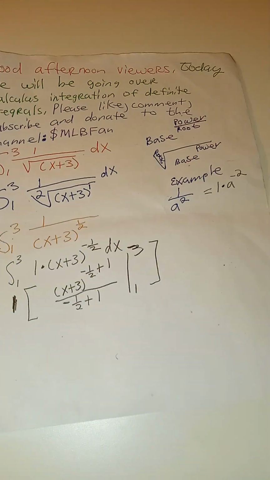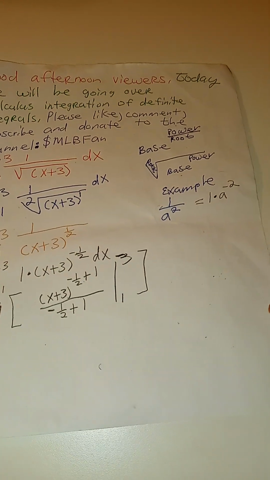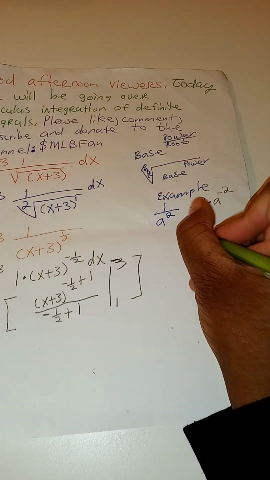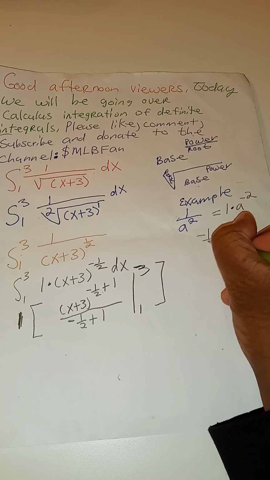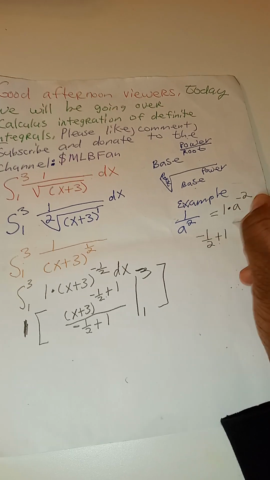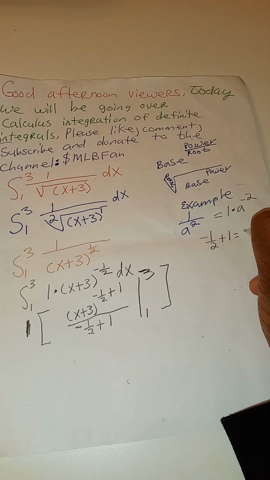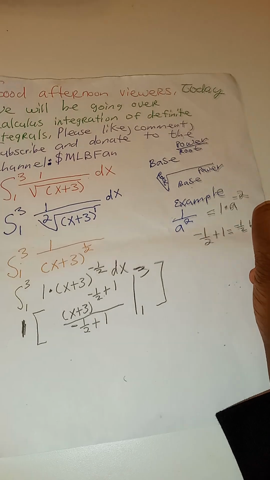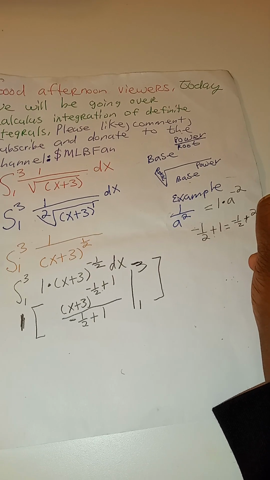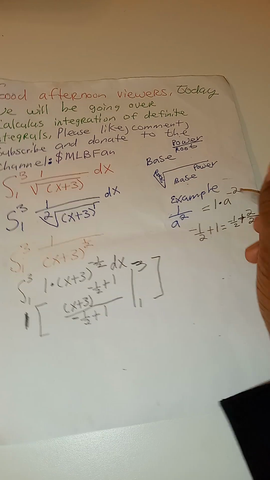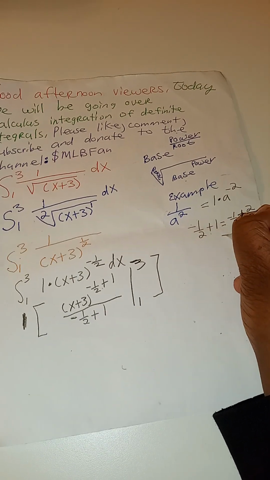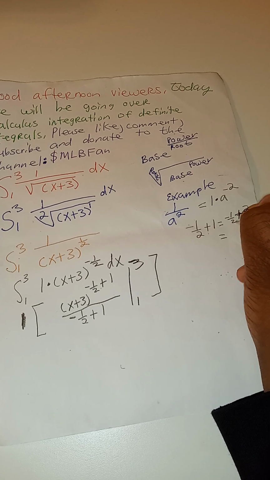Okay, so let's simplify negative 1/2 plus 1. Negative 1/2 plus 1 is equivalent to negative 1/2 plus 2 divided by 2, and that will equal positive 1/2.